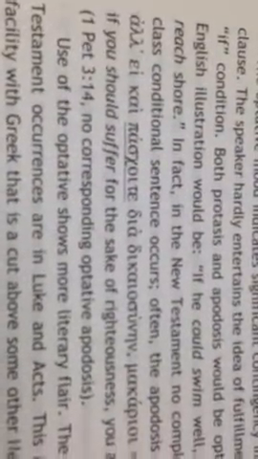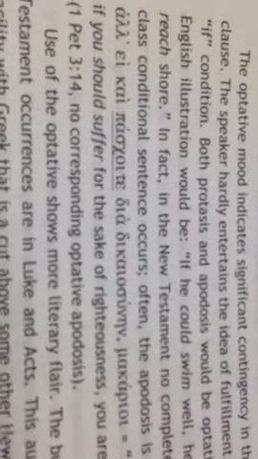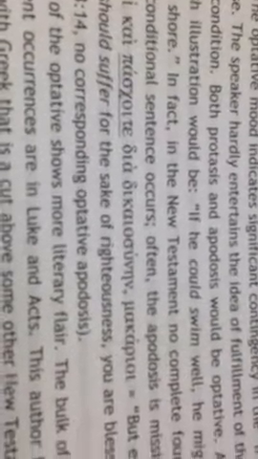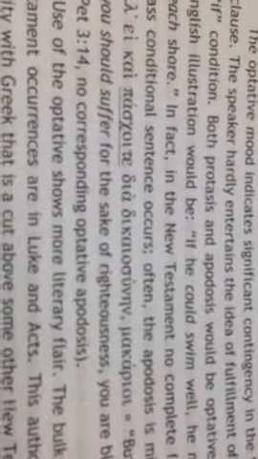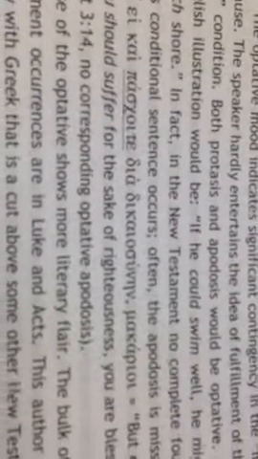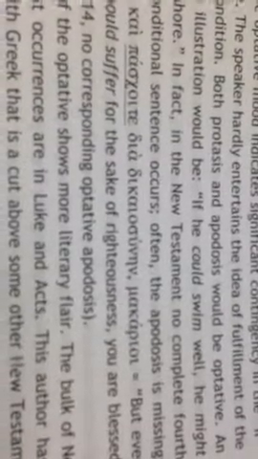But even if you should suffer, because there's this remote chance that it might happen, for the sake of righteousness, and it's not a complete apodosis, you're blessed. So it's a remote chance that you might suffer for righteousness. But even if that happens, don't worry, you're still going to be blessed. All right? And that's the idea.